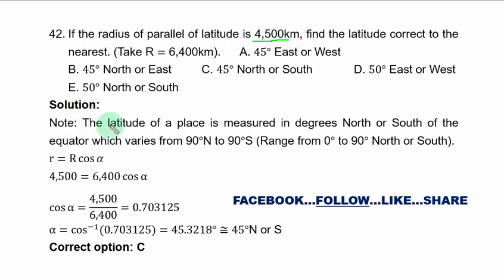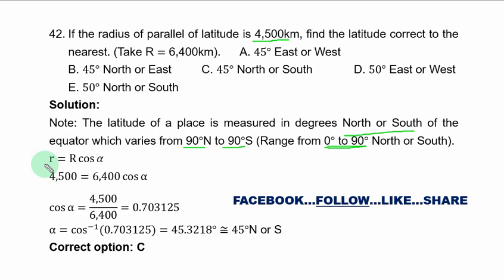The latitude of a place is measured in degrees north or south of the equator, which varies from 90 degrees north to 90 degrees south. Range from 0 to 90 degrees.